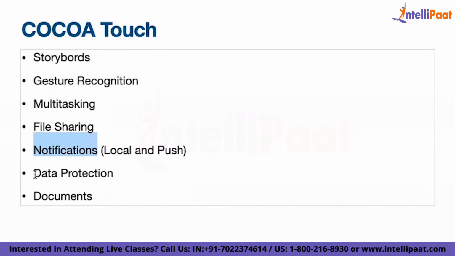We will talk about data protection, how data is protected in the iOS application. Where is the data stored? I'll show you the location also. And we'll talk about documents. Documents is a place where we store data which we want to share across devices.